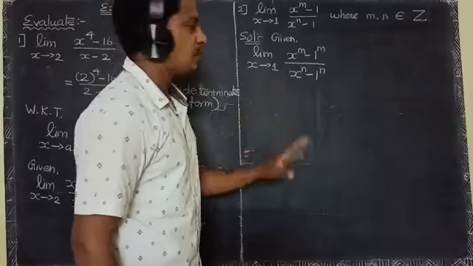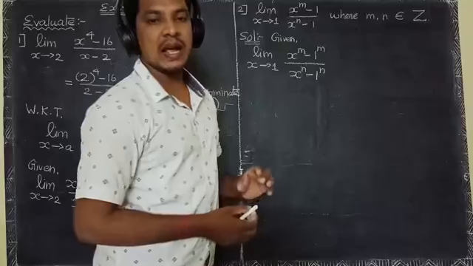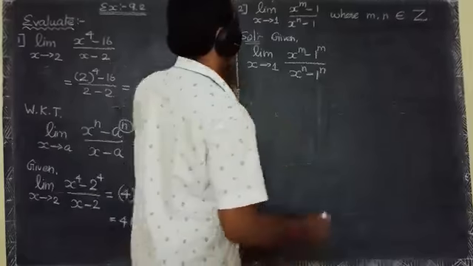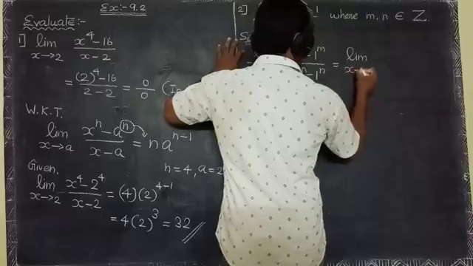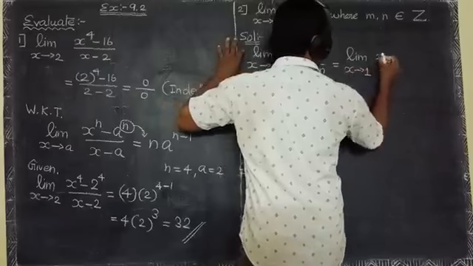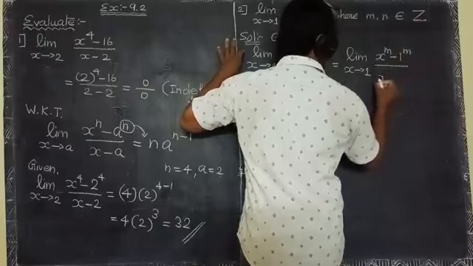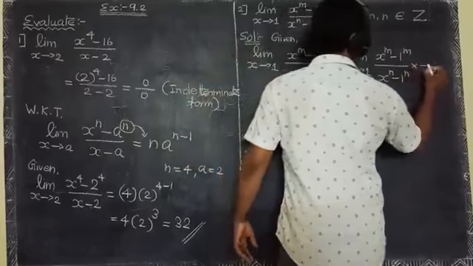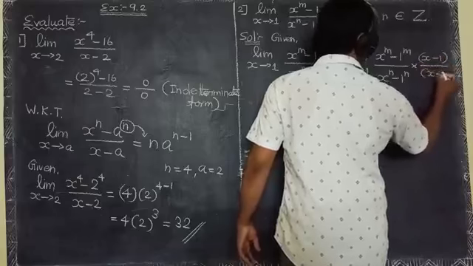Here, multiplying and dividing by the factor x minus 1 doesn't change the value. So limit x approaches 1 of (x power m minus 1 power m) divided by (x power n minus 1 power n), multiplied and divided by the factor x minus 1.